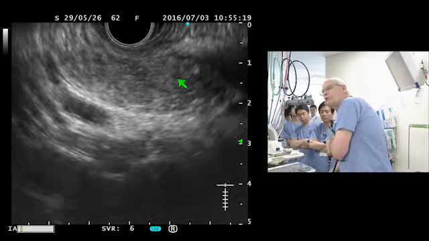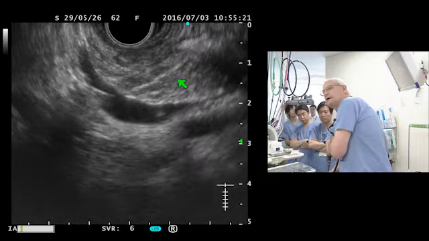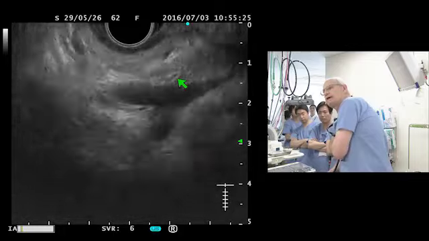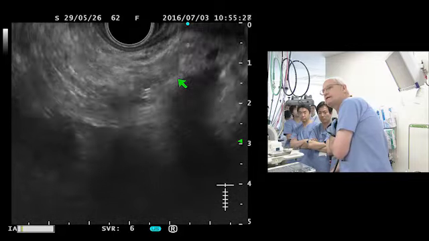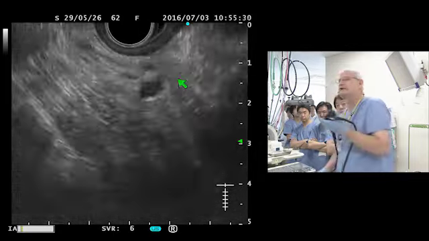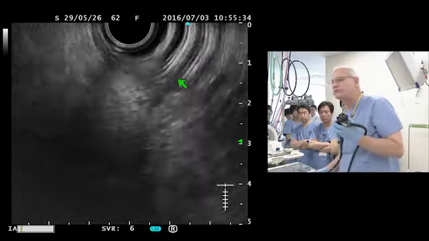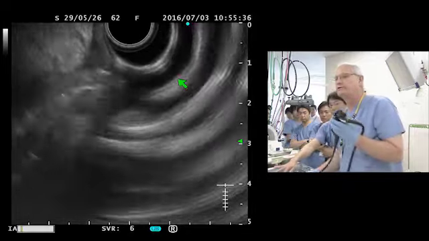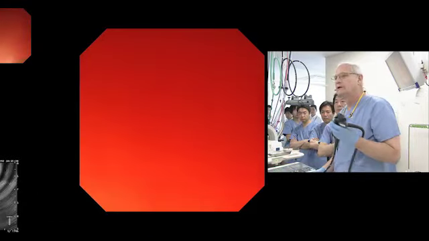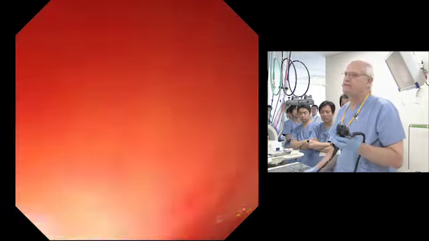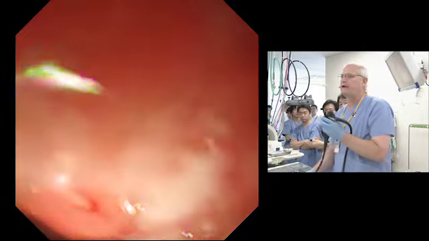So this is an important image because I can trace the pancreatic duct. I did this off camera. I can trace the pancreatic duct until it disappears, and I did not find a stricture there. So I need to go back and redo this maneuver. Thank you very much. This is a part of ultrasound.